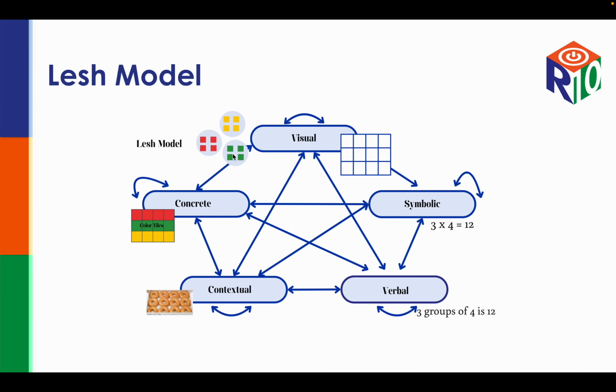And then 8 plus 4 is 12. And so we need our students who understand math at that symbolic level to still be able to understand it when it's concrete or visual, verbal, and contextual, not just that symbolic level. And that is a challenge with some of our thinkers.